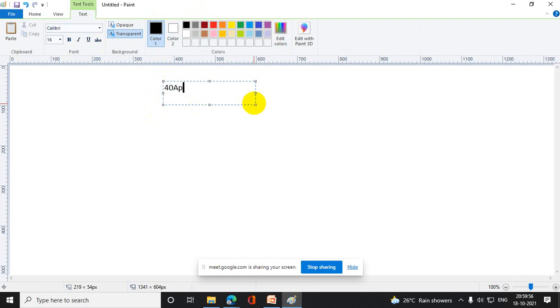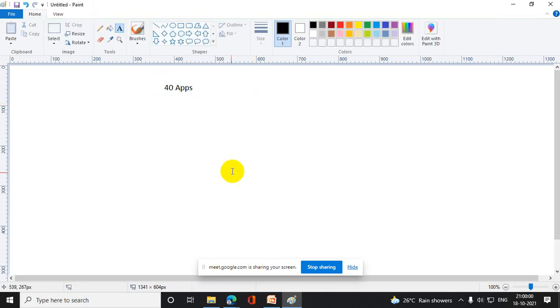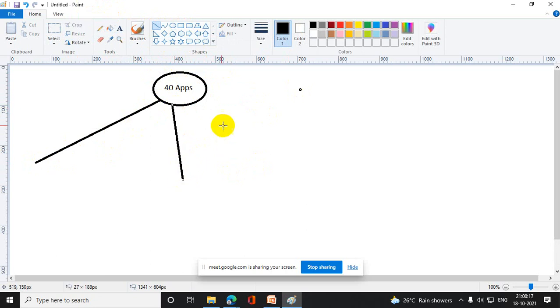Based on that, let's say a company has around 40 regular applications. These 40 apps must be hosted on servers, right? They cannot host 40 apps on the same server because the server will crash. So the ratio is only one server can host only one application at a time.